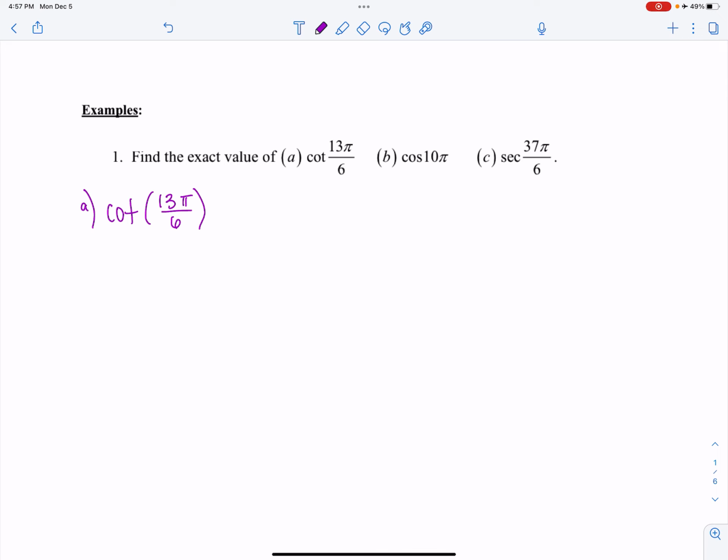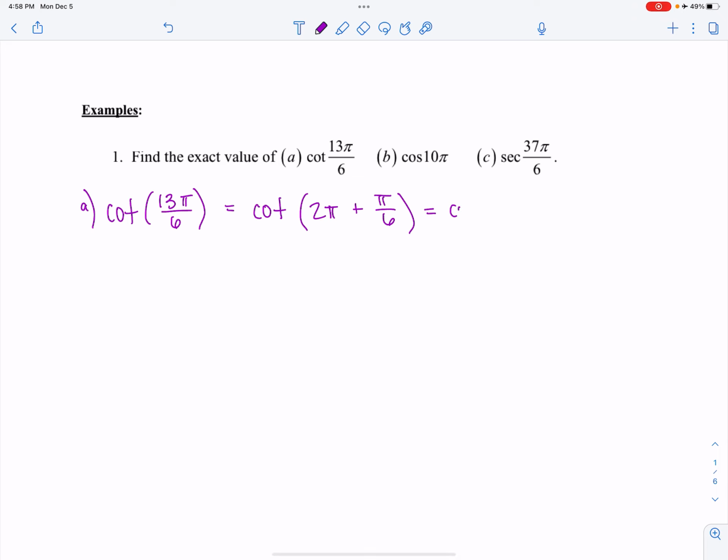what do we know? Well, we know that cotangent of 13 pi over 6 would be the same thing as cotangent of 2 pi plus pi over 6. And the 2 pi isn't going to change our value when we land at that pi over 6.